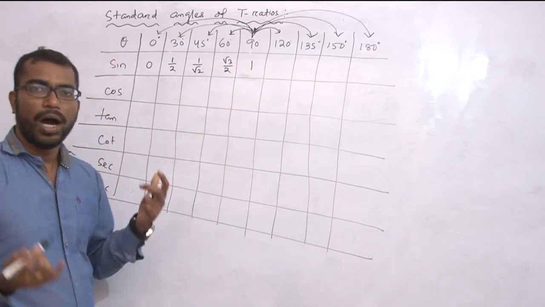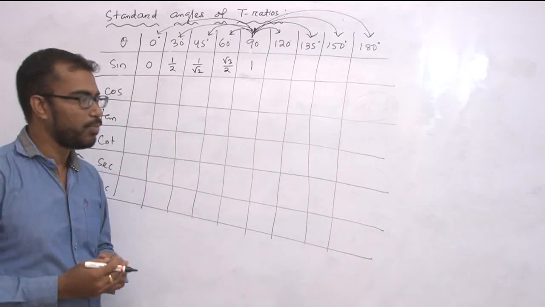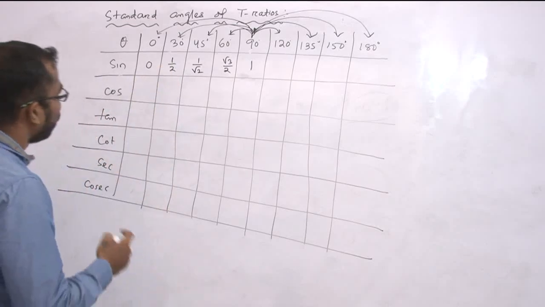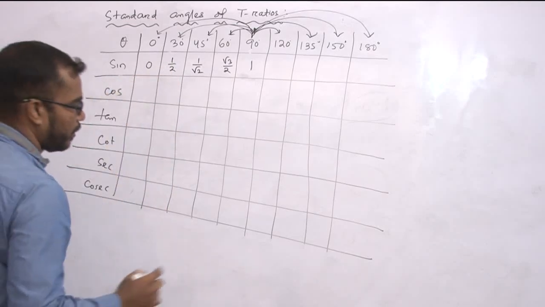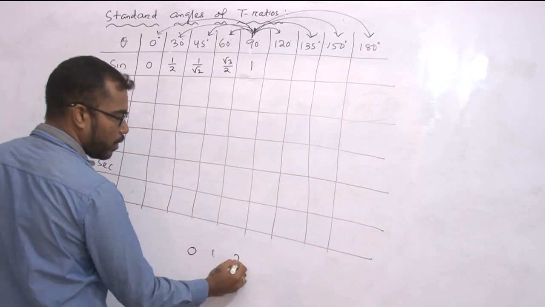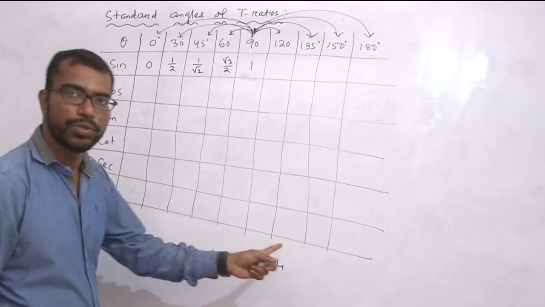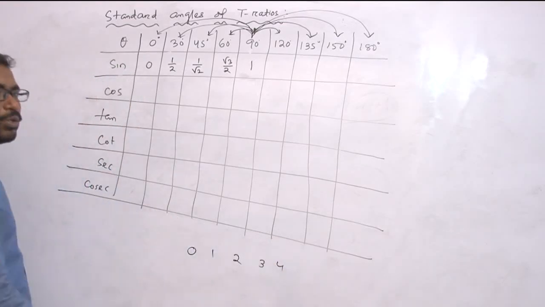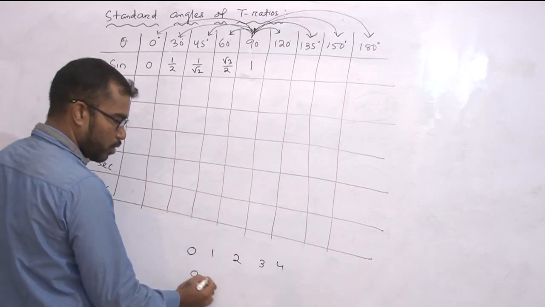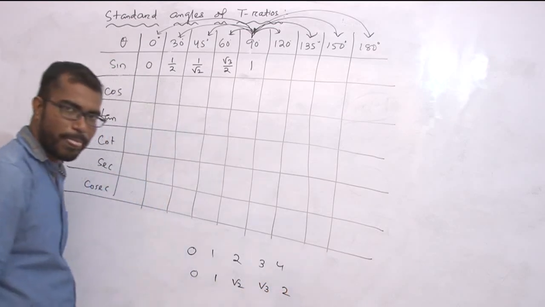First of all, how to know the 5 values of sine? If you don't know them, then how to learn? Write 0, 1, 2, 3, 4. If we take the square root of all the numbers, you get 0, 1, root 2, root 3, and 2.